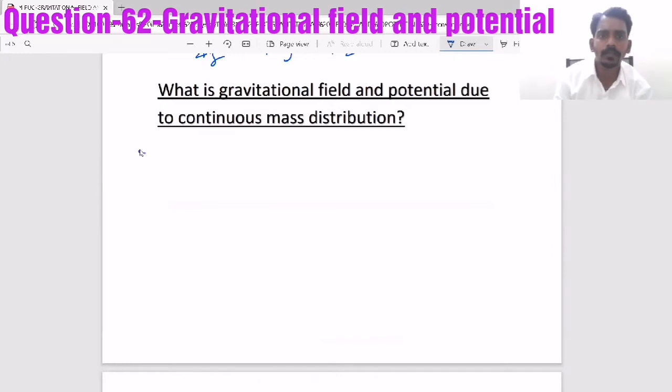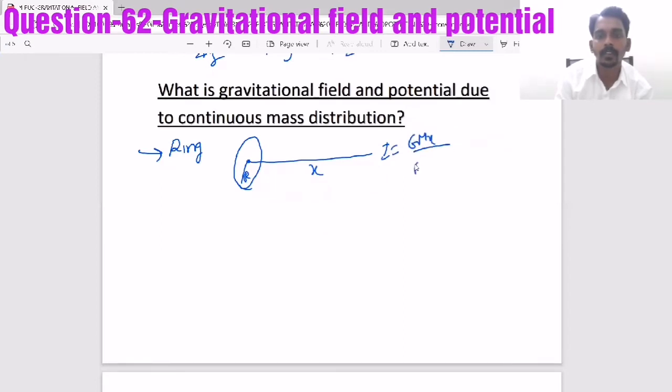Now, what is gravitational field and potential due to continuous mass distribution? Continuous mass distribution means there are different bodies like a ring. So when you consider a ring, let's take the radius r. Now at any point on its axis at a distance x, the gravitational field is GMx by (r square plus x square) whole power 3 by 2.